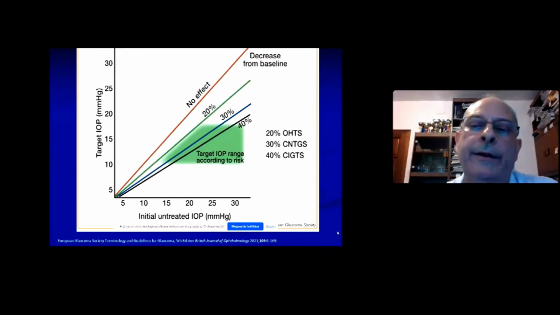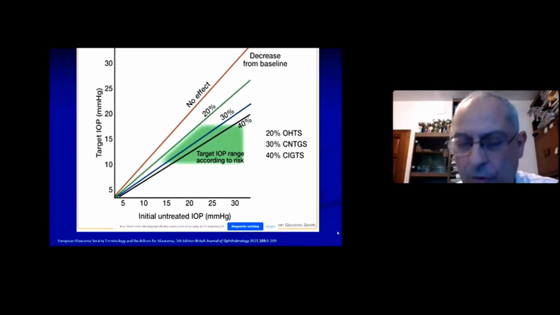The large randomized prospective clinical studies suggest different intraocular pressure reduction cutoff values for being considered an effective treatment. We can use a 20% cutoff, a 30 or 40, but this is not what we use in Europe.